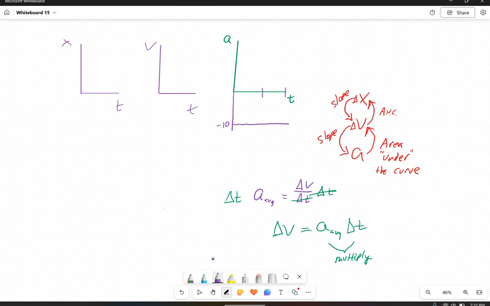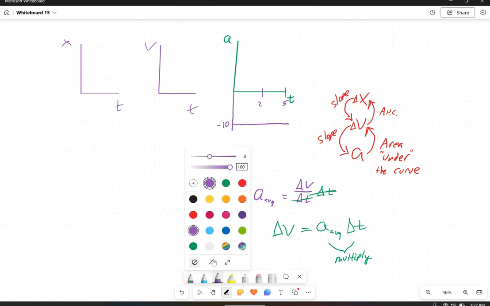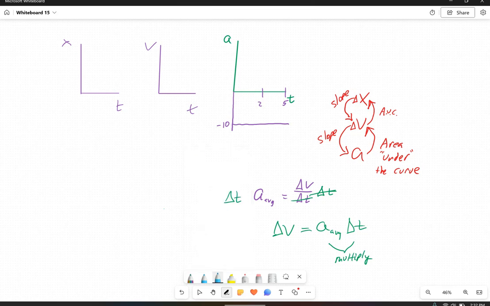And this is 2 seconds, and this is 5 seconds. I think those were the numbers roughly that I had used last class. Okay. So for this time interval, what is my change in velocity?